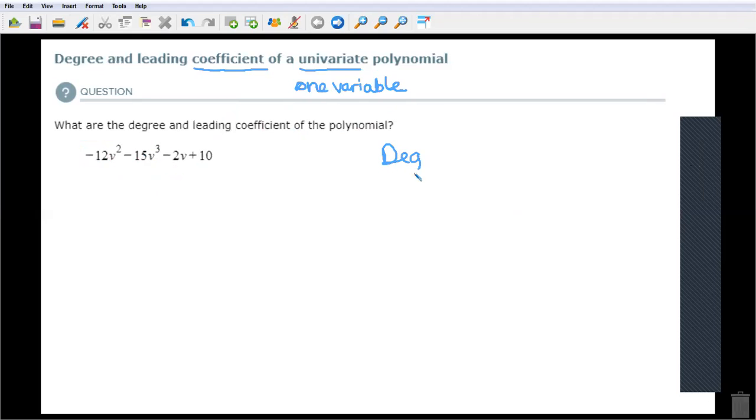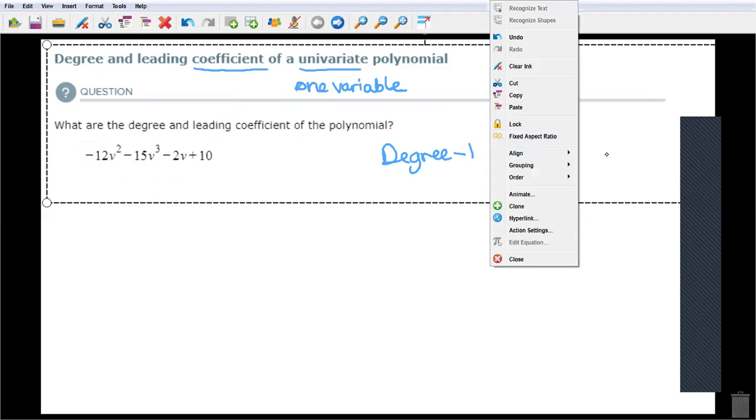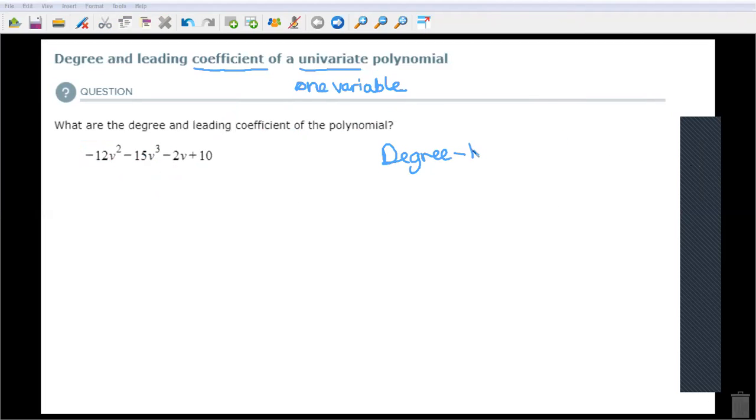Okay, so your degree is going to be whatever your highest exponent is. So in this particular problem, if you look at all of our terms, the highest exponent that I have is 3. So for this particular example, my degree would be 3.